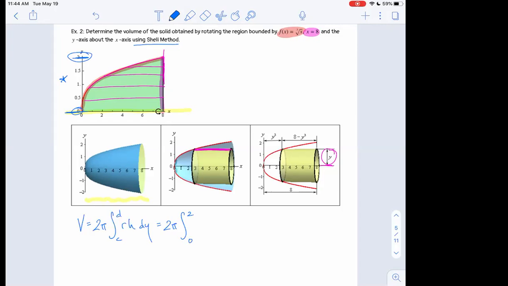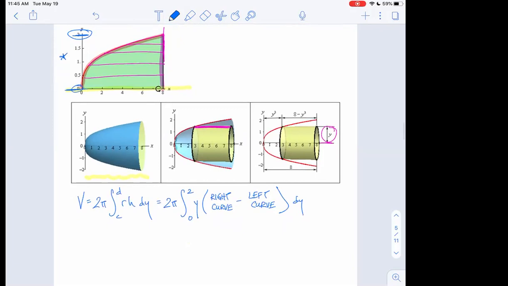Now, because my cylinders are sort of expanding out along the y-axis, my radius is just y. And to find the height of my shell, I need to do the right curve minus the left curve. So all that stuff that we learned in area actually comes back into play to be really helpful in setting up for washer and shell.